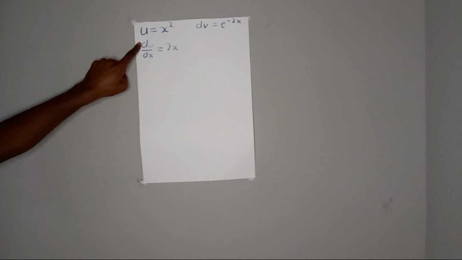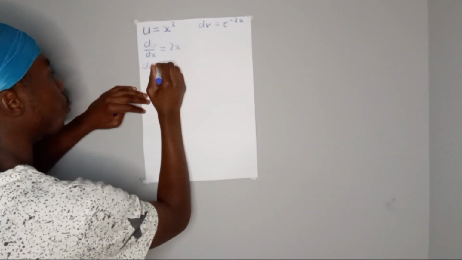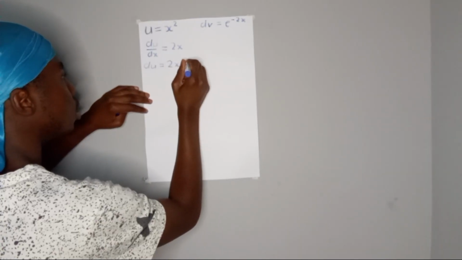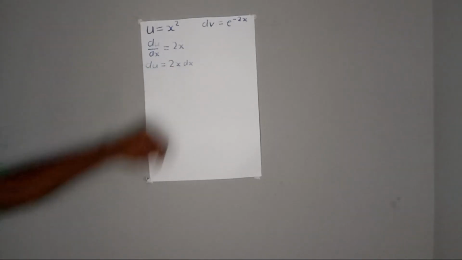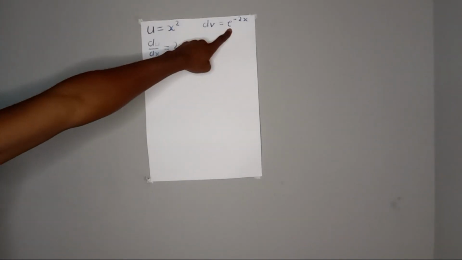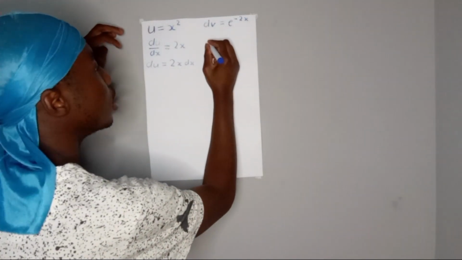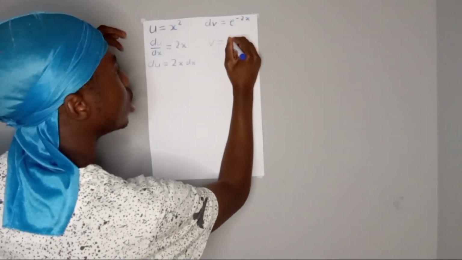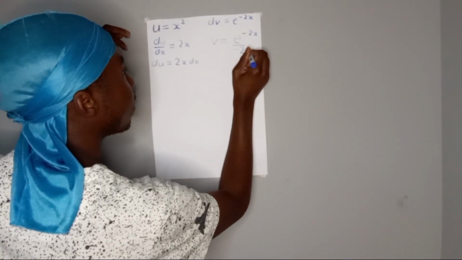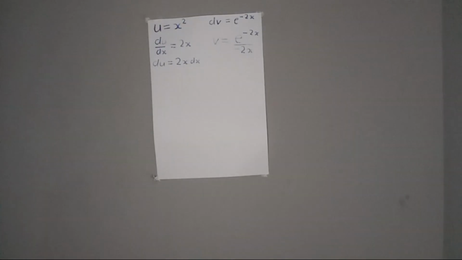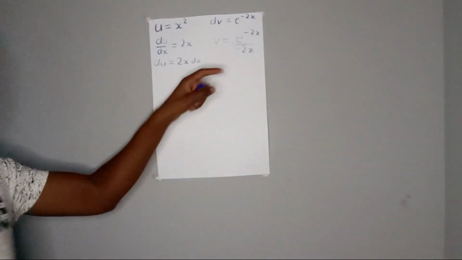Now we just need to make du the subject of the formula, leaving us with du is equal to 2x dx. Now when you integrate this e to the power of negative 2x, that's going to leave us with e to the power of negative 2x over negative 2.